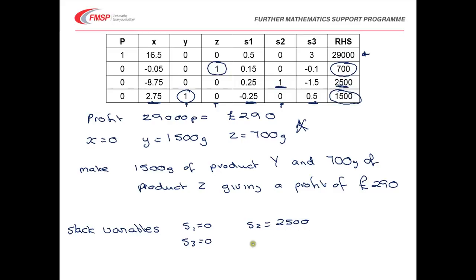And what that tells us, if you are asked to do it, is that there is some surplus capacity on additive B, which was the additive that S2 was associated with. So we can say there is 2,500 grams of additive B left over. And as I say, you weren't asked for it here, but you could be asked for that.